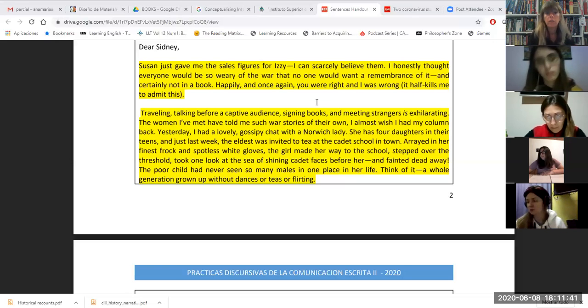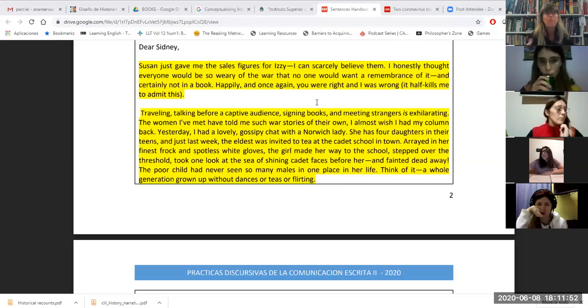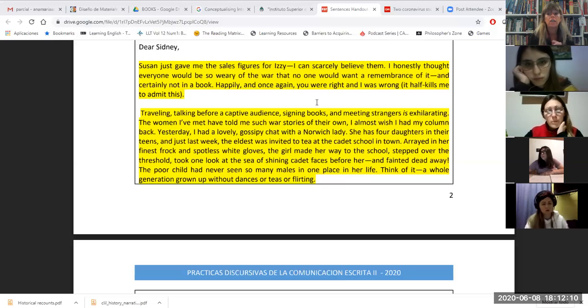So I honestly thought everyone would be so wary that no one would want a remembrance of it, and certainly not in a book. That would be the complete expression, right? So I honestly thought, and then the rest is the object. Now the question is that within the object there are conjugated verbs.